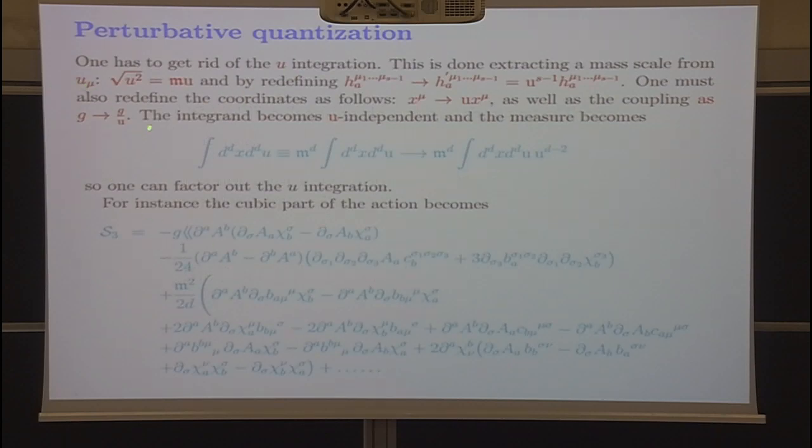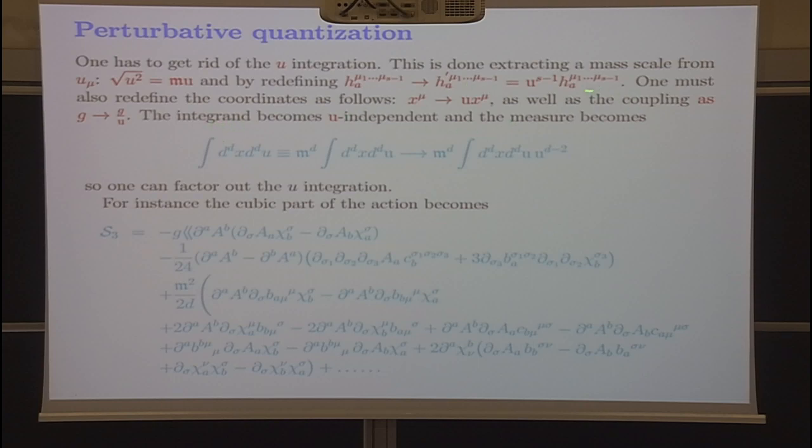In order to do that, we have to really quantize the theory, that is, define the perturbative theory if you are not able to do it in a different way. In order to define a perturbative quantization, we have to get rid of the U integration. This is done by rescaling the fields. Remember that U is a momentum, so it has the dimension of a mass. So we extract a mass, curly M, and we will use it as a mass parameter in the following.